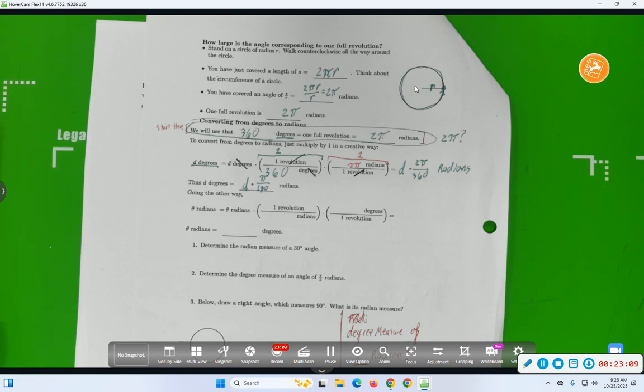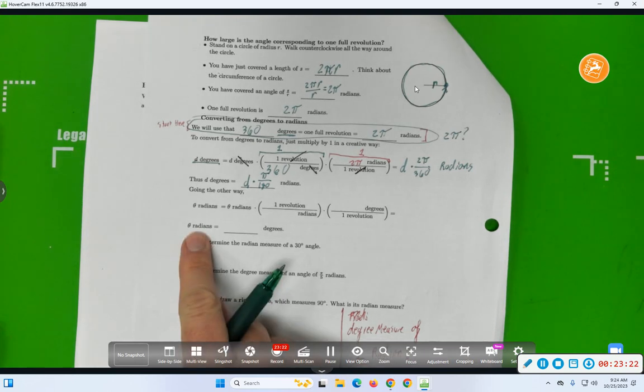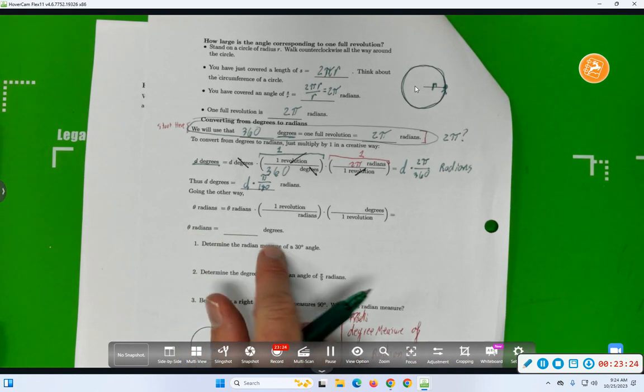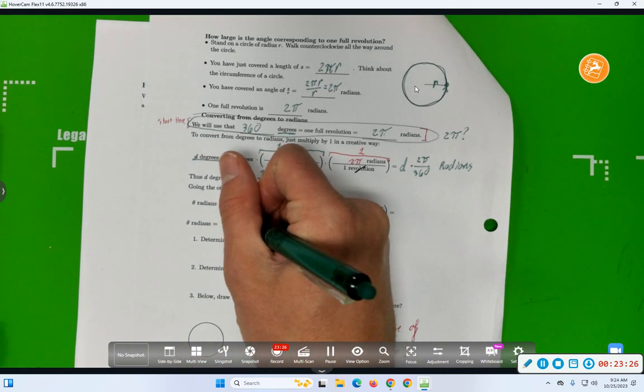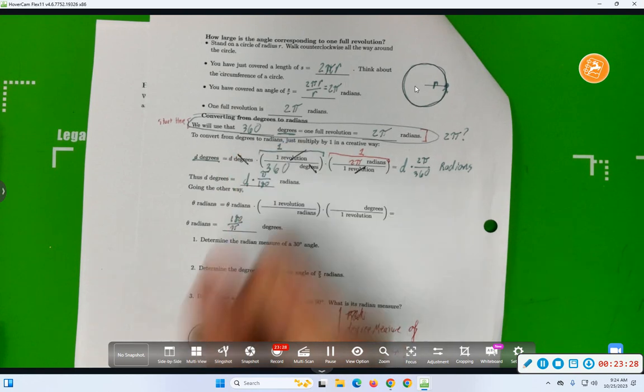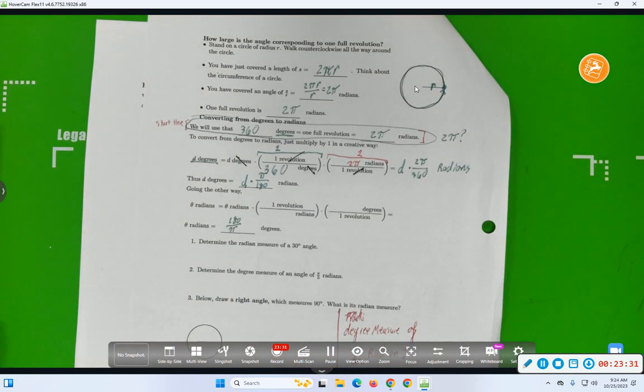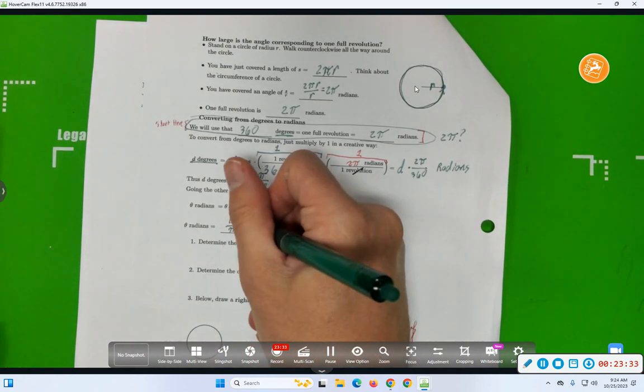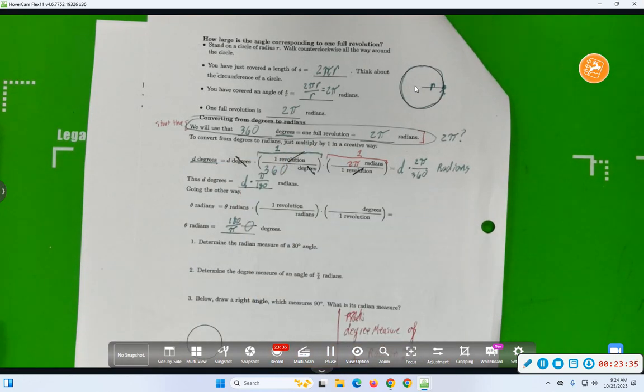What's the opposite of multiplying by pi and then dividing by 180? Dividing by pi and then multiplying by 180? And I guess it doesn't matter what order you say those two things in. So, if you have an angle of theta radians and you'd like to convert it to degrees, multiply it by 180 and divide it by pi. And the number theta still should go there.